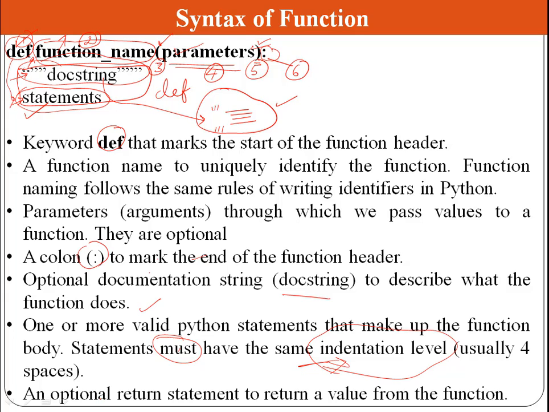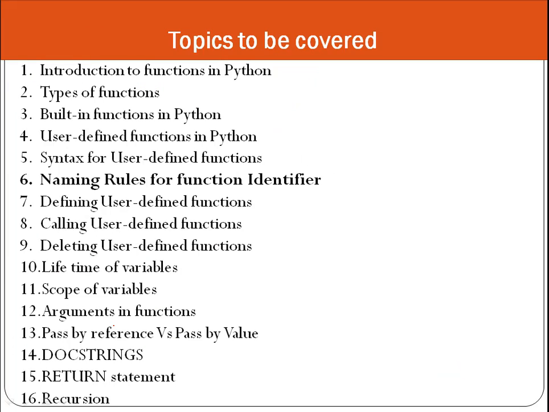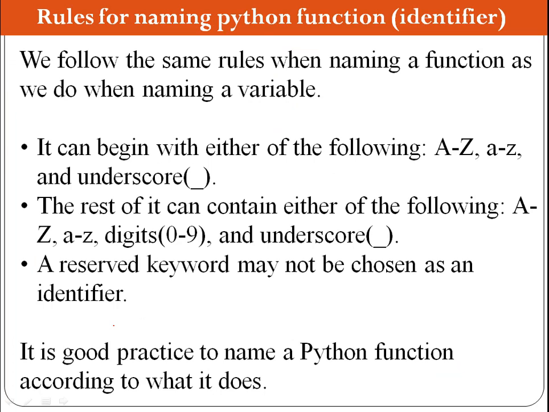Then we move towards the naming rules for the function identifier. It is similar to identifiers or variables. We follow the same rules when naming a function as we do when naming a variable. It can begin with either of the following: capital A to capital Z, small a to small z, and underscore. The rest can contain capital A to capital Z, small a to small z, digits from 0 to 9, or underscore. A reserved word may not be chosen as an identifier.